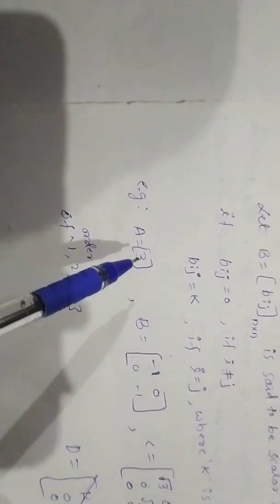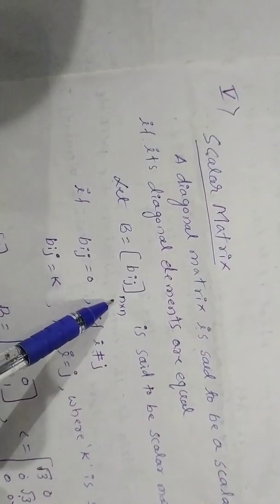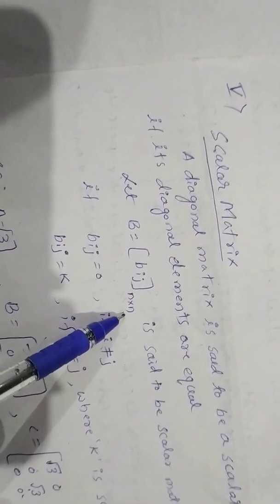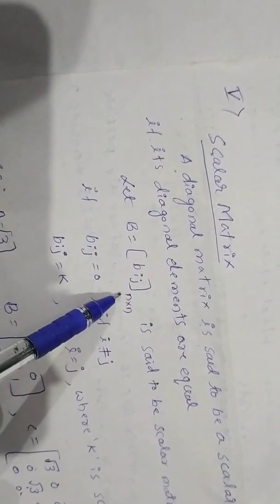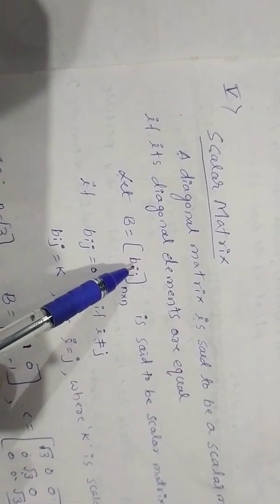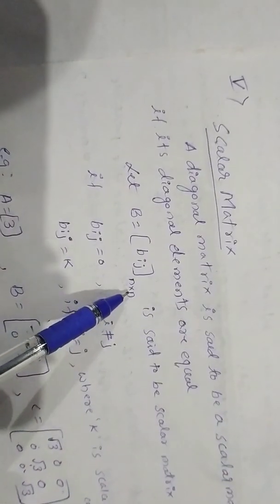So, let matrix B equal Bij of order n cross n, or you can take m cross m also. This indicates the matrix is a square matrix. Bij are the elements of matrix B. n cross n is the order of that matrix, and it is a square matrix.